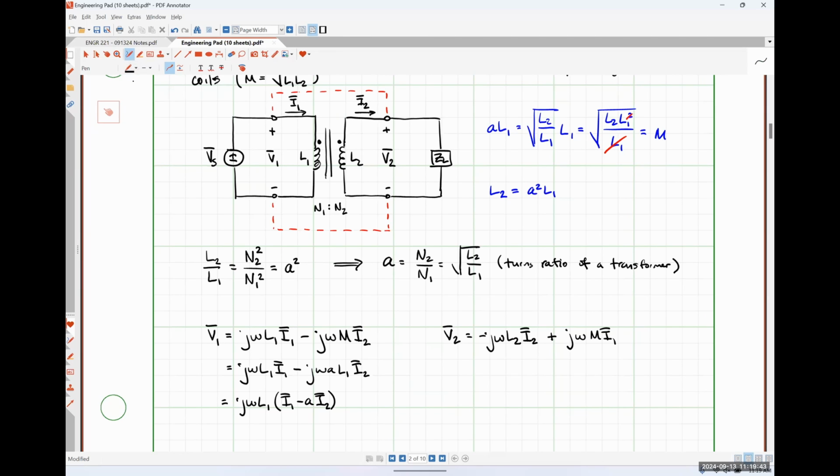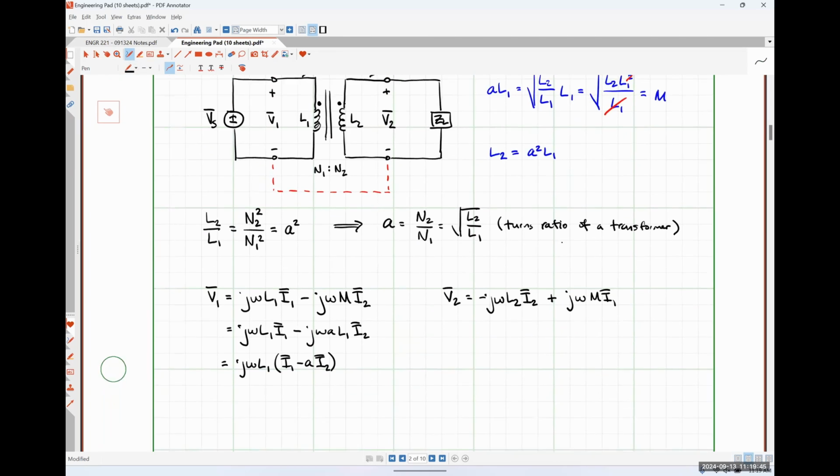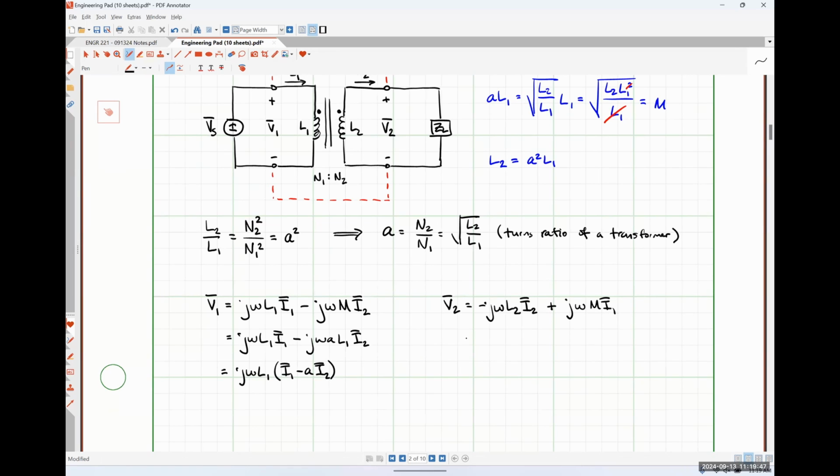If we substitute in that relationship, we get negative j omega A squared L1 times I2 plus j omega A L1 times I1. Are we okay with the level of algebra I've done?